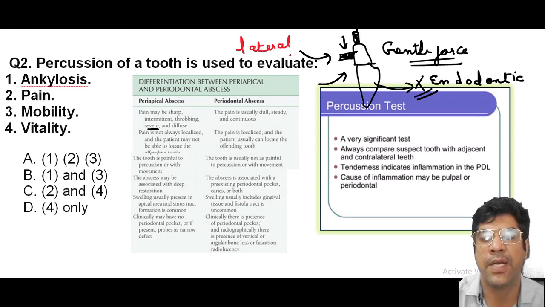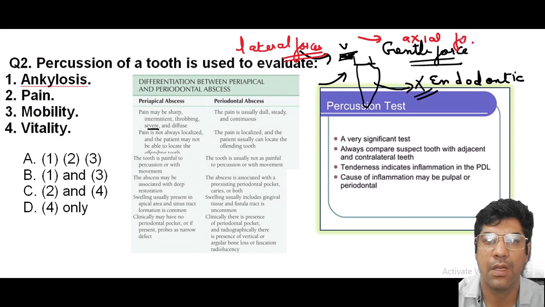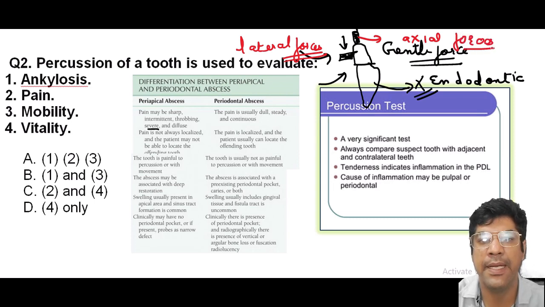That helps to determine if there is any inflammation or damage to the periodontal ligament. While tapping the tooth vertically, that is up and down, assesses the tooth response to the axial forces. A positive response to vertical tap may indicate pulpitis or periapical inflammation.